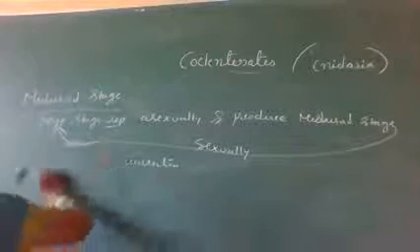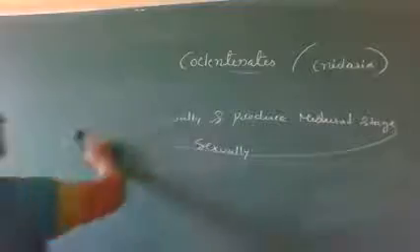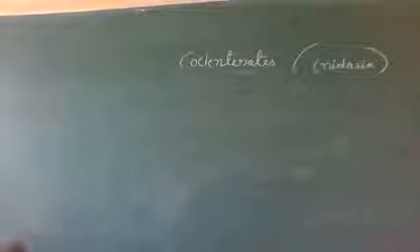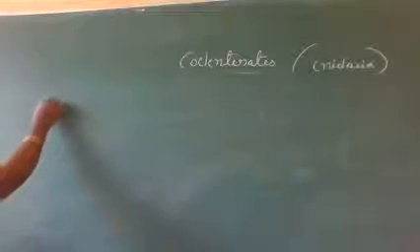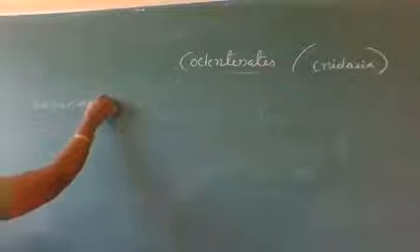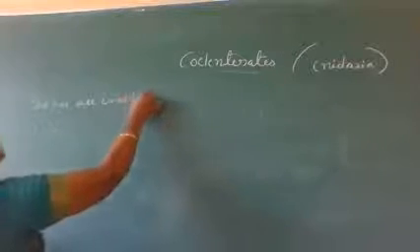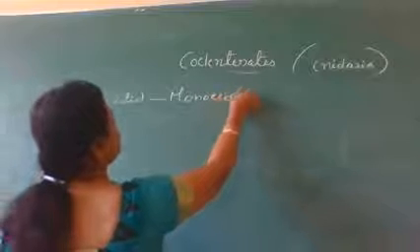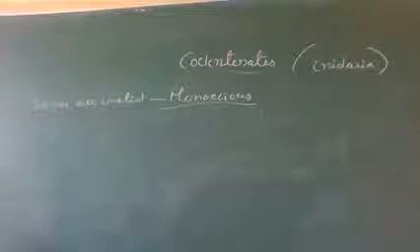Polymorphism. Now, the sexes are not separated. Sexes are united, which means these animals are monoecious, where both male and female sex organs are present in the same animal.